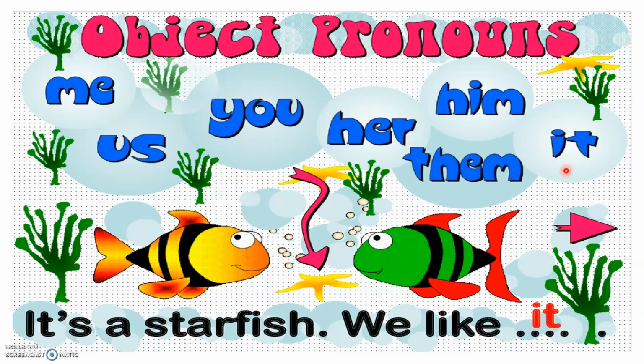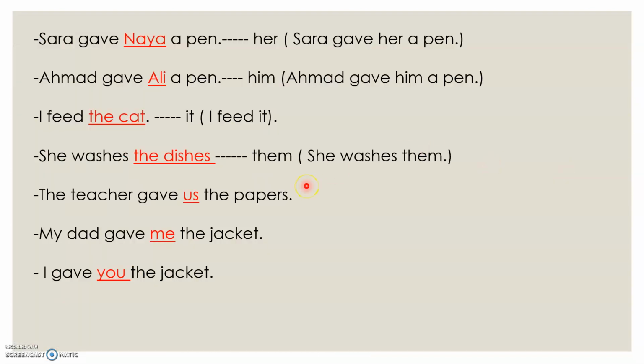So let's take a look at this question. Let's see how we can replace different nouns with the object pronouns. So, for example, Sarah gave Naya a pen, right? If I ask you, who took the pen? Who is the direct object of the sentence? Naya took the pen, right?